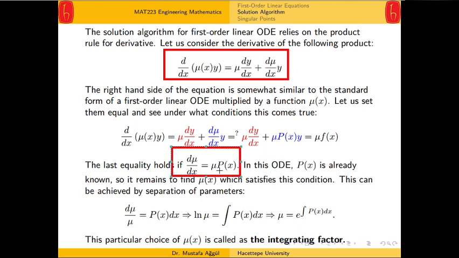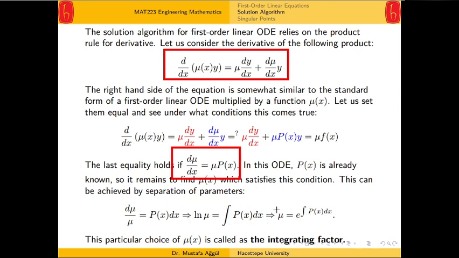We can solve this by separation of variables. We'll see d mu over mu is equal to p of x dx, and here we have ln mu. Ln mu is equal to the integral of p of x dx, and if you solve this for mu, then mu is equal to e to the integral p of x dx.